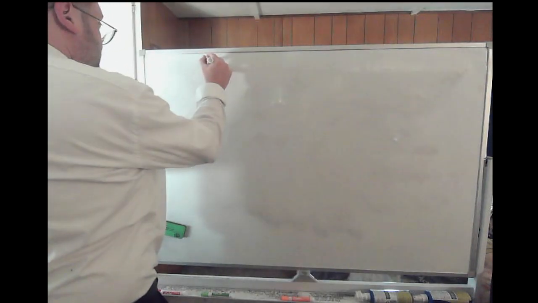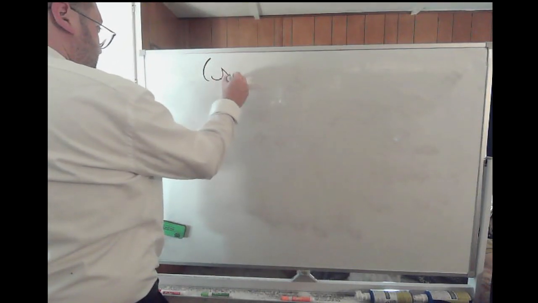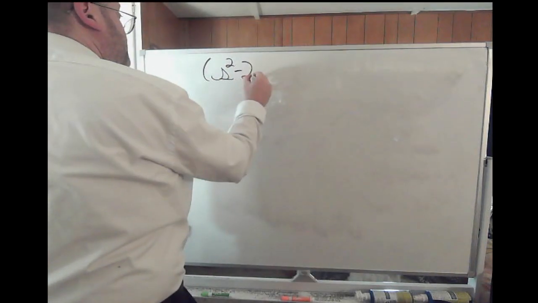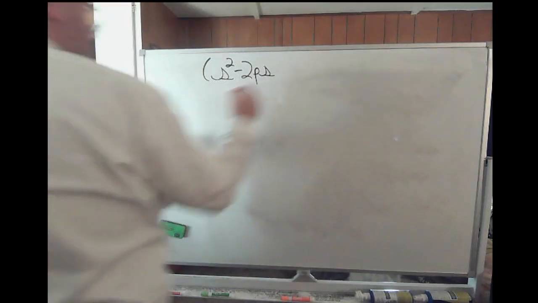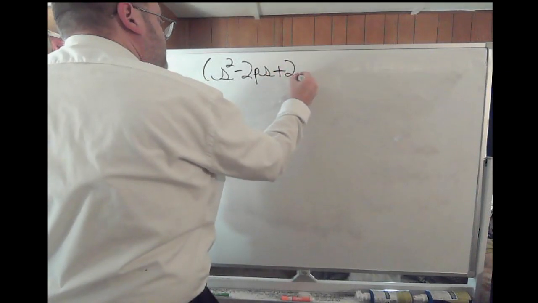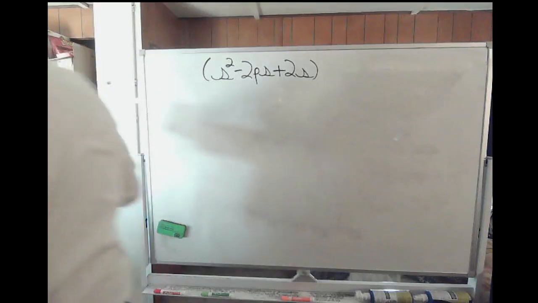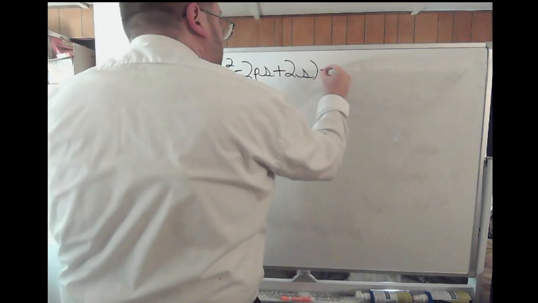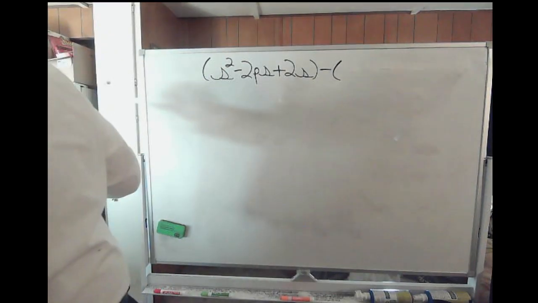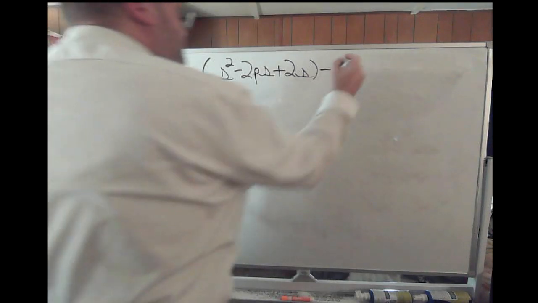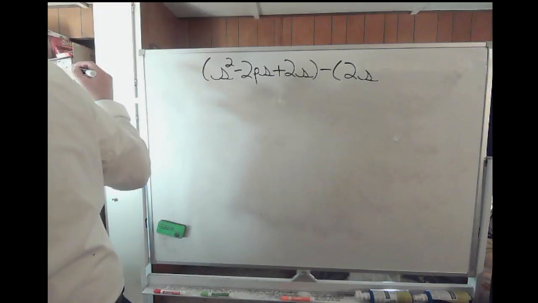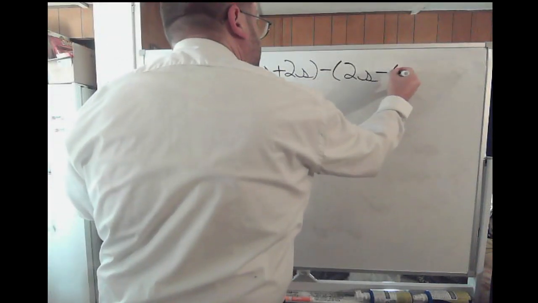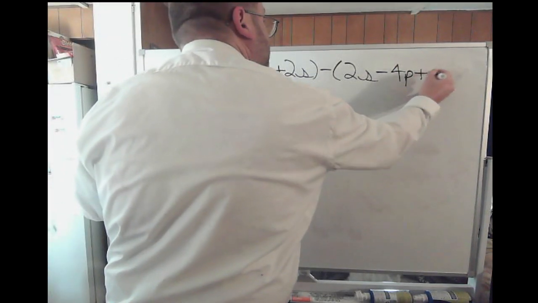Alright, this is a little bit different. We have s squared minus 2ps plus 2s, that minus the quantity of 2s minus 4p plus 4.